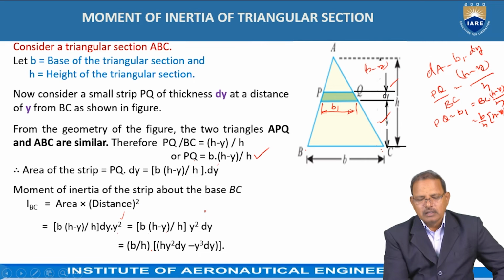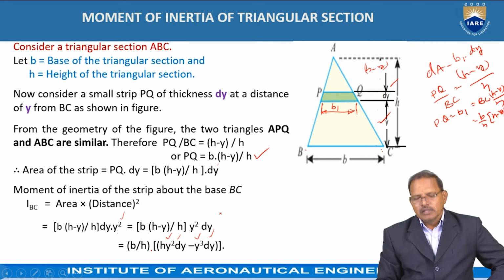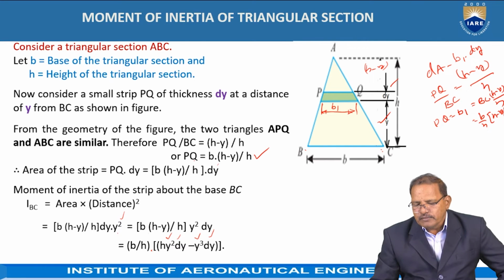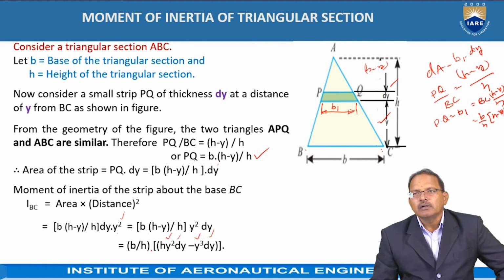On multiplication we get b by h, h y square dy minus y cube dy. This is the moment of inertia possessed by the strip PQ about the line BC.